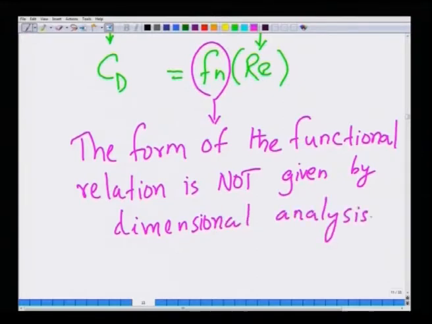In order to find the functional form, one has to do experiments, but I pointed out that this actually leads to great simplification, because instead of varying all the original 5 variables to see the dependence of the force on various parameters such as viscosity, density, diameter and so on, we now have to vary only one variable, the Reynolds number, and we can find its effect on the non-dimensional force, which is the drag coefficient.